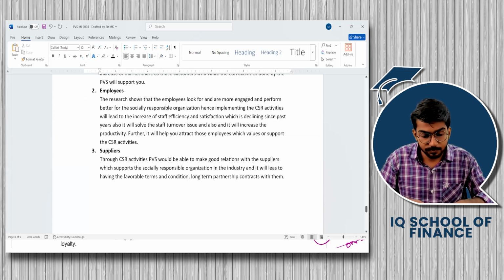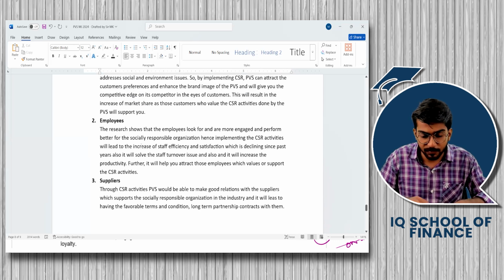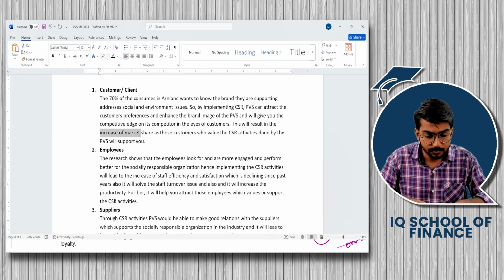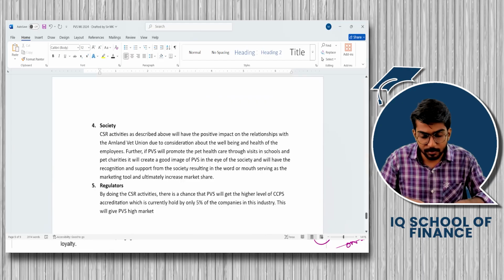So here, for employees, I don't know if it is somehow mentioned or linked or not, but this will result in an increase of market share. See here, I have mentioned it, the market share thing. For supplier, there is no link with it, and here also the market share thing.